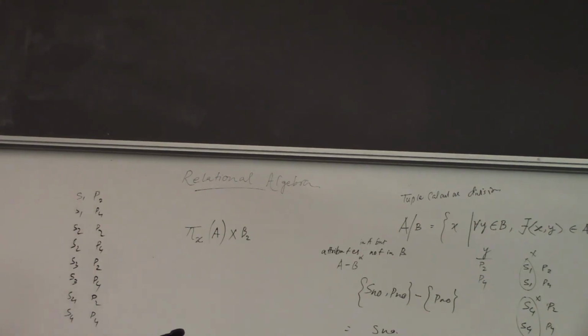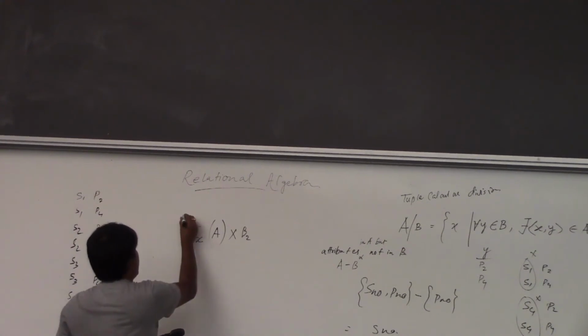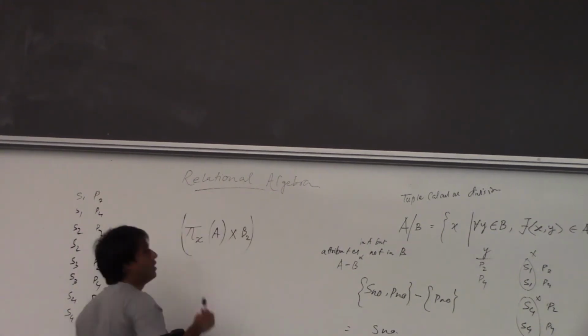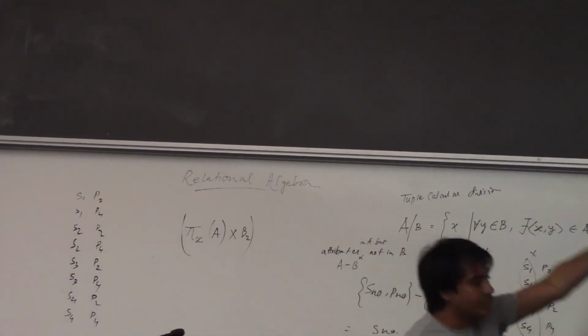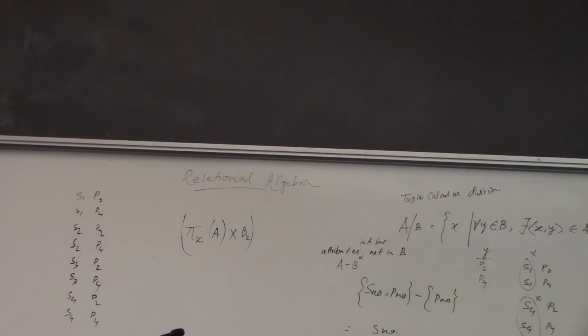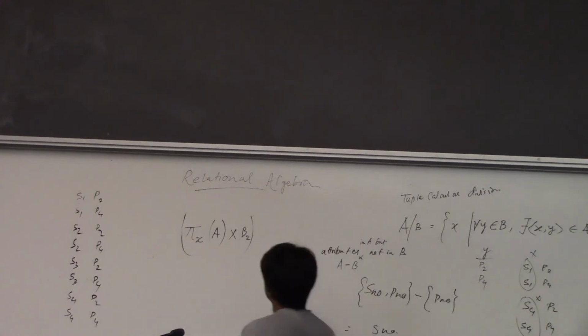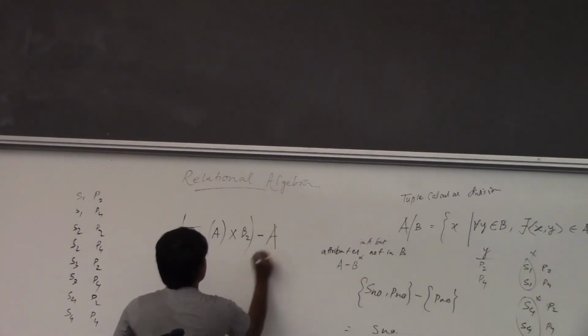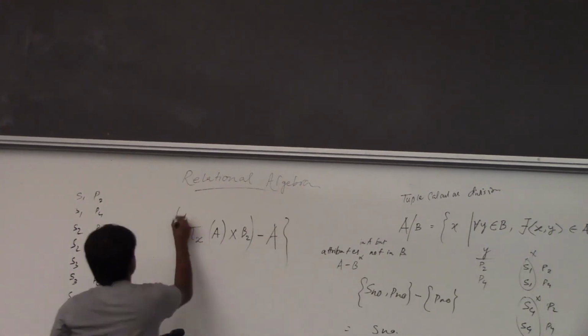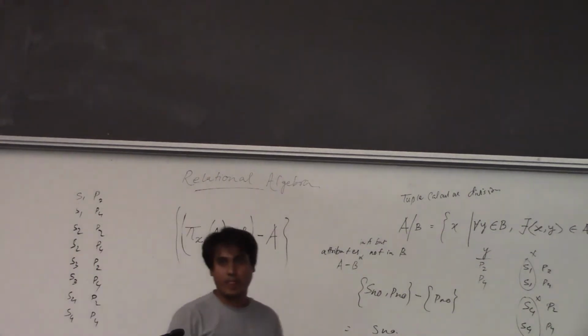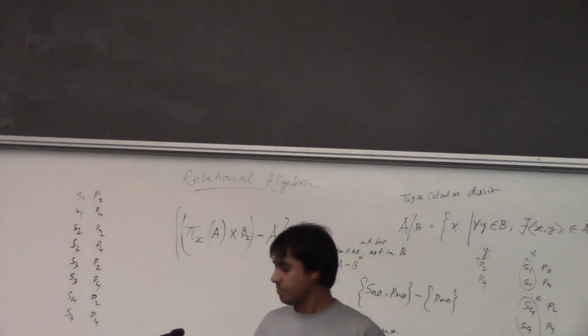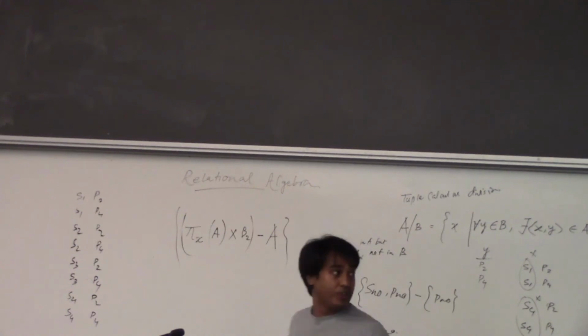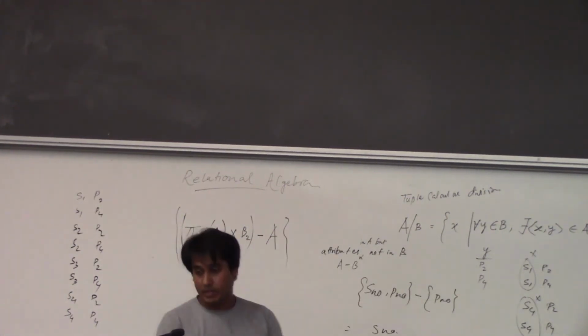This is all the combinations that we can have. But in the real world, in the real instance also, we don't have all the combinations. Right? So what we do? We find out the ones that are not there. Right? So if we do like this, what will be the result?